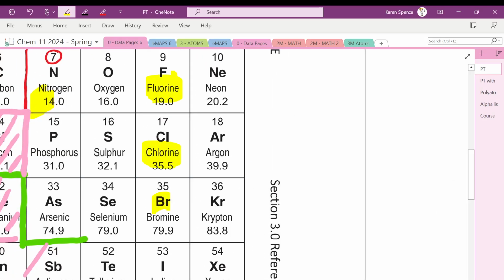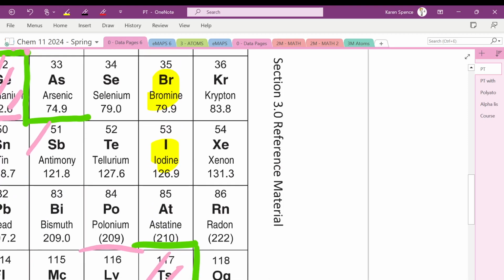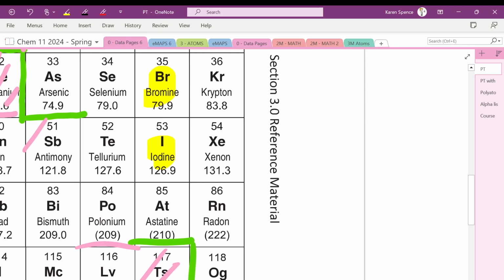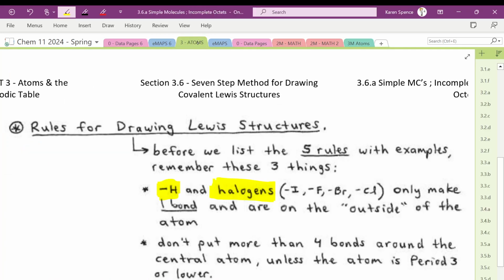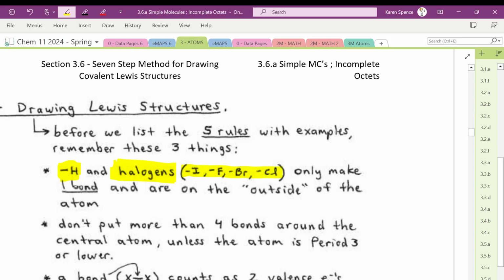Fluorine, chlorine, bromine, iodine. We're not going to worry about astatine because it's radioactive and we'll never use it, okay? So just fluorine, chlorine, bromine, iodine, and then the ones below that don't really matter. So hydrogen and the halogens all have only one bond, okay?